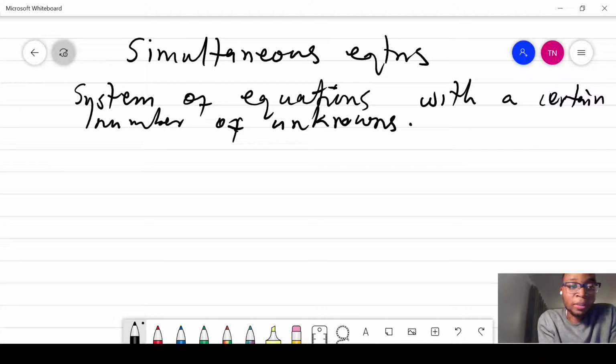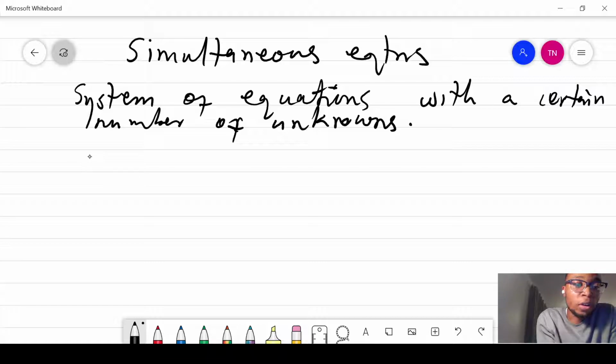Let me just give examples, and it would be easier that way, because the language I wanted to use may not be quite familiar to most of you. For you to be able to solve simultaneous equations, you need to have the same number of equations as the variables or unknowns that you have.